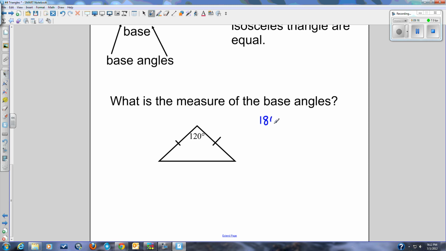So if we took 180 degrees and subtracted that vertex angle of 120, we would have 60 degrees left over to split between the two base angles. Since we know the base angles are equal, we could just divide that 60 degrees by 2, right? We'd divide it right in half. And we would get that each angle is equal to 30 degrees.